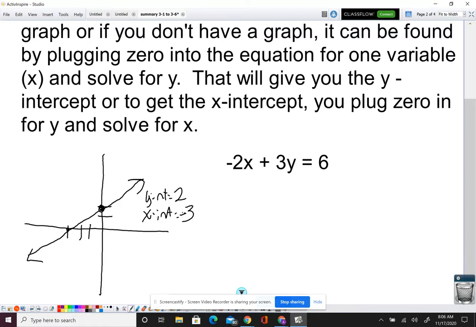So if I plug 0 into this one, that eliminates that term, and I'm just left with 3y equals 6, and divide by 3, and I get y equals 2. If I plug 0 in for y, I end up getting -2x equals 6. And so when I divide by -2, I get x equals -3. So this line is graphed over here. We see the intercepts, and we prove the intercepts by using the fact that we can plug 0 in there.